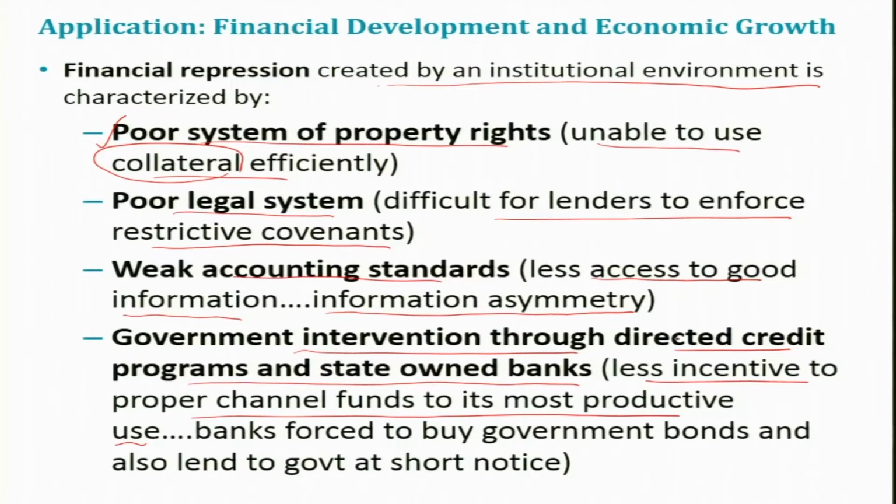Maybe government has its own priorities, such as agriculture development or some specific sectoral development, and it will ask the state owned banks to make directed credit programs, maybe for agriculture loans, sometimes for small scale industries, or encouraging loans for micro finance units.